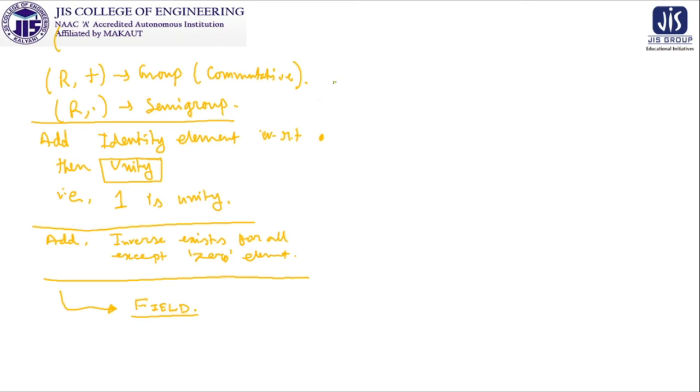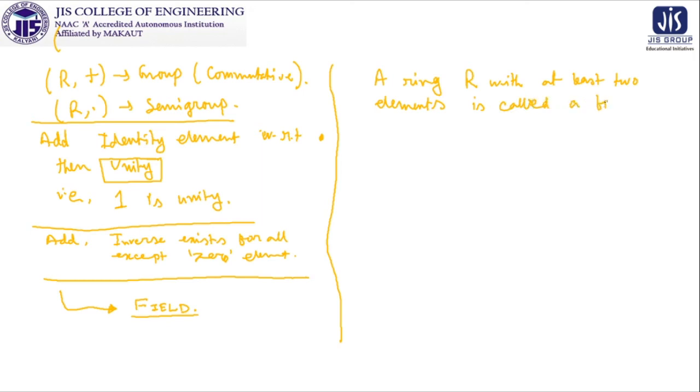So ultimately what we can say is that a ring R with at least two elements is called a field if it is commutative.